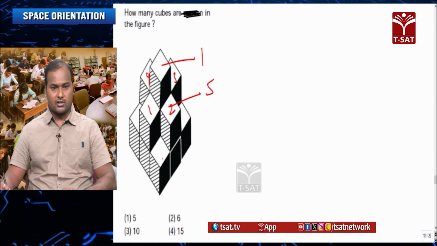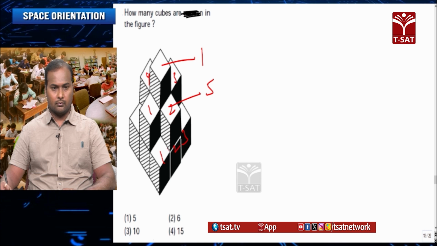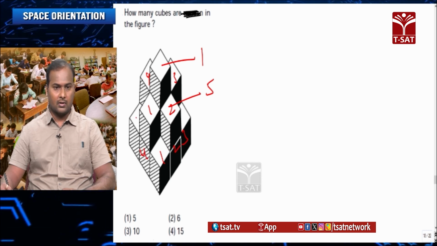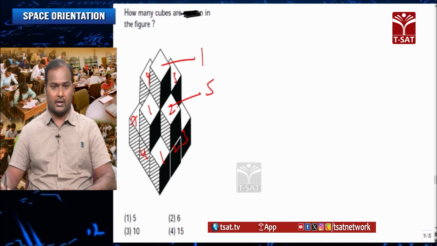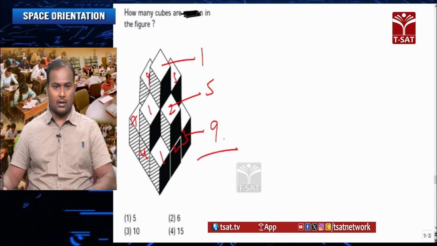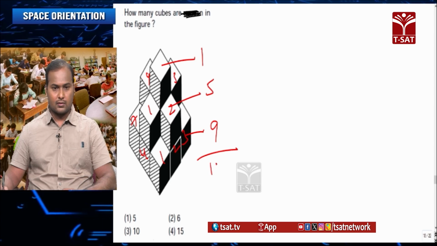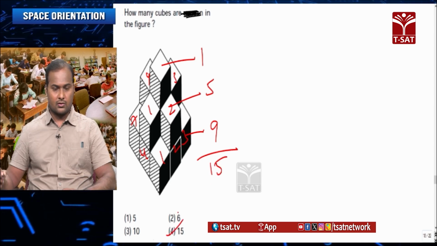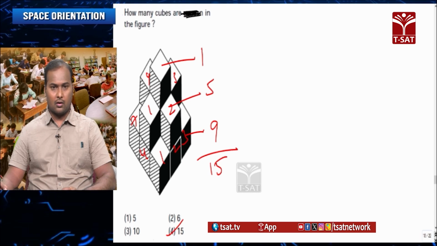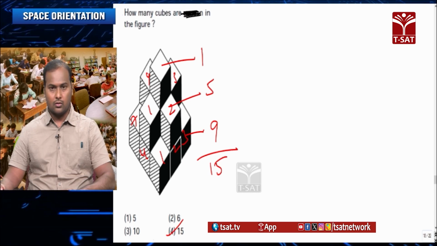At the bottom, visible are 1, 2, 3, 4, 5 center, 6 on the other side, again 7, 8, 9. So total 9 at the bottom. If you add 9 plus 5 plus 1, 15 is the answer. So your answer is option 4. So in this case both visible and not visible cubes you need to take into count.